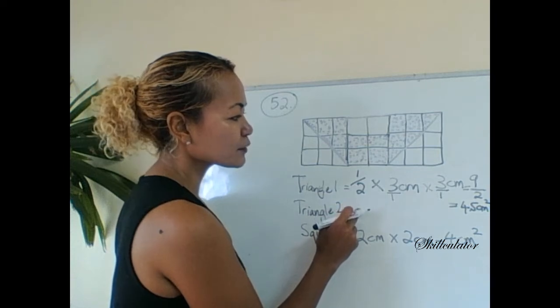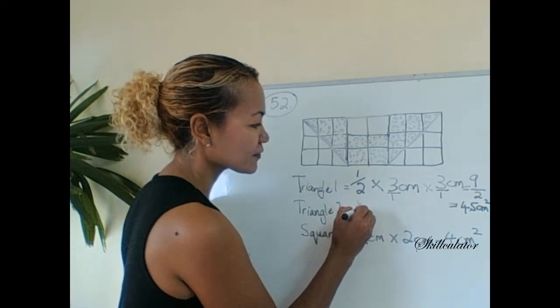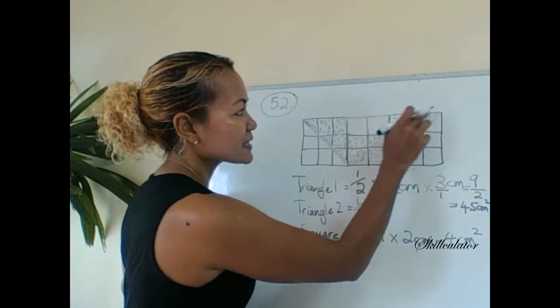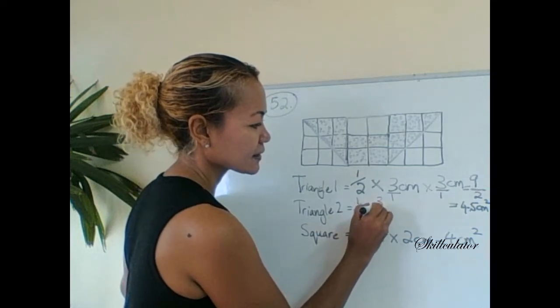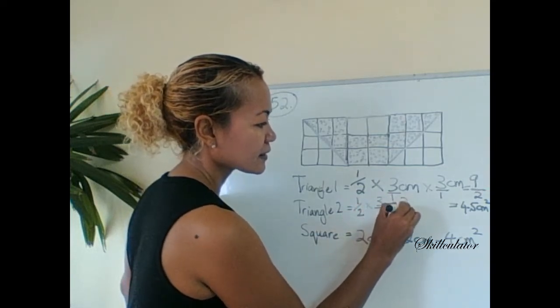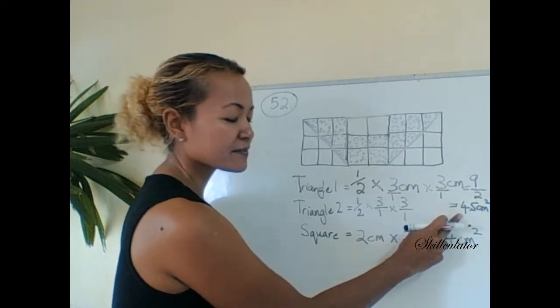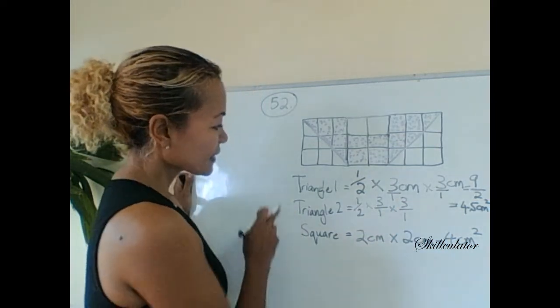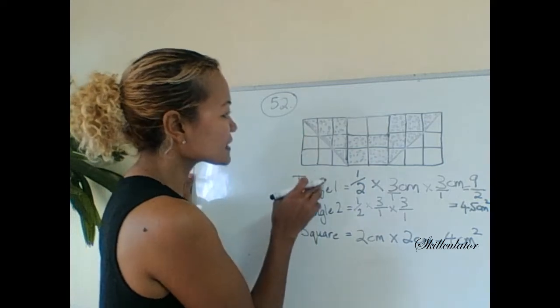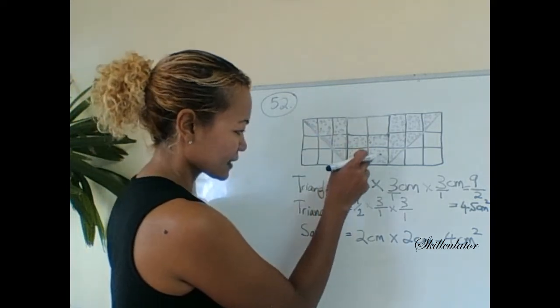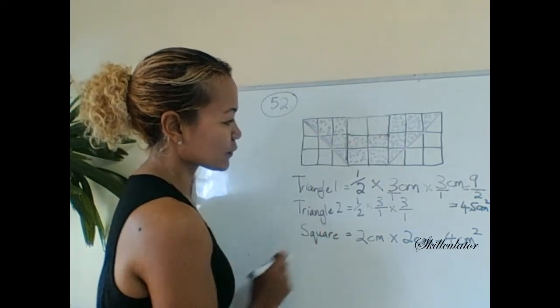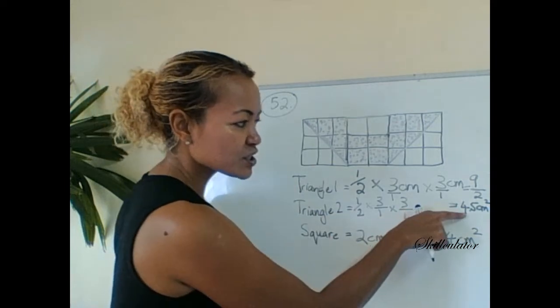So the formula will be the same here. Half times 3 times 3. Which gives you the same answer, 4.5 centimeters squared. So then we just add up all the different areas. Triangle 1 plus triangle 2 plus the square. Before we move on, let's just check that 4.5.